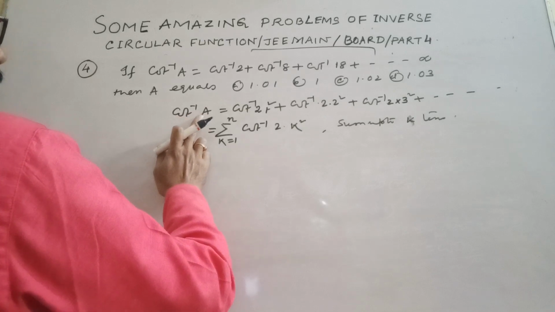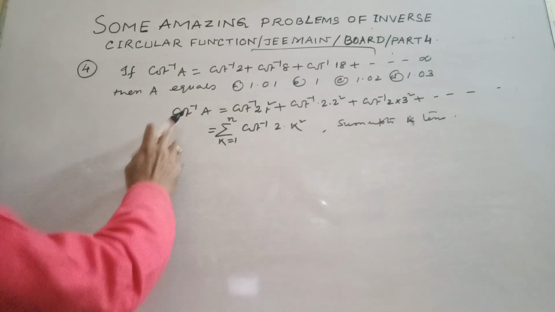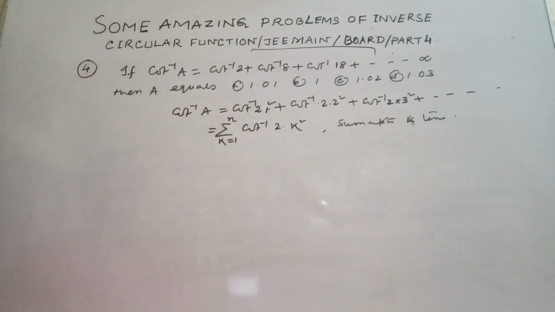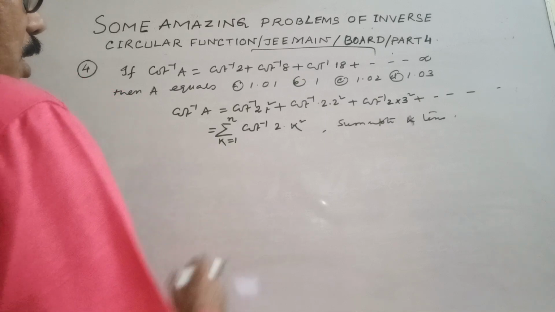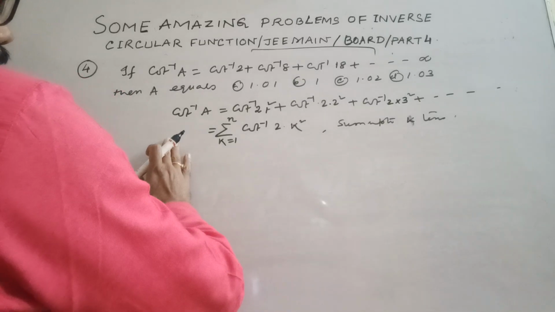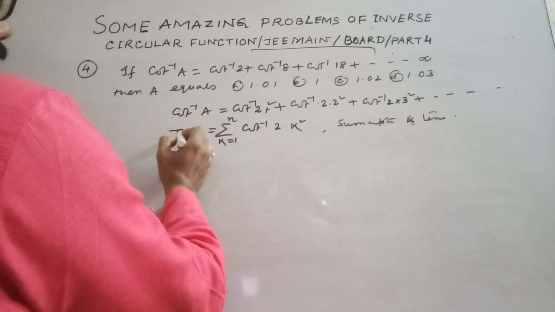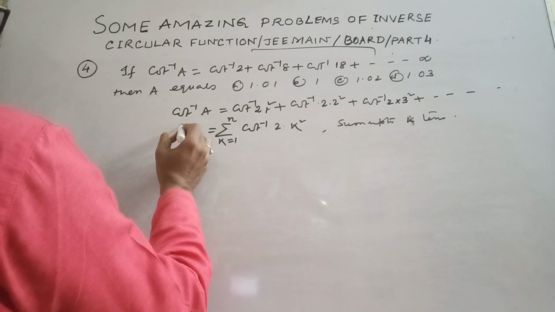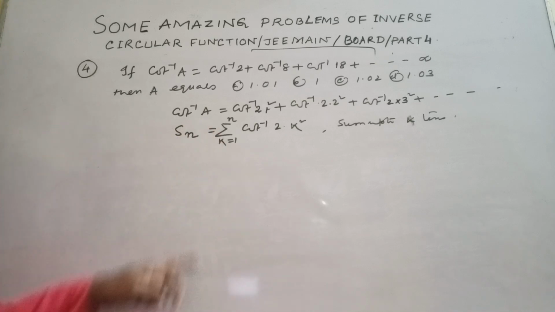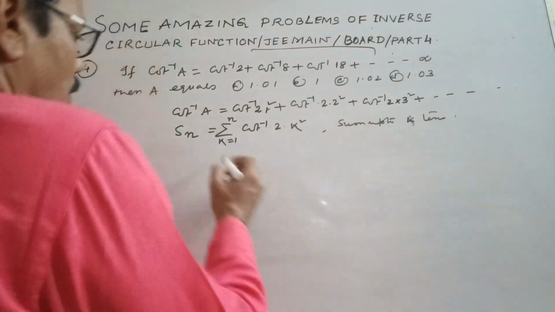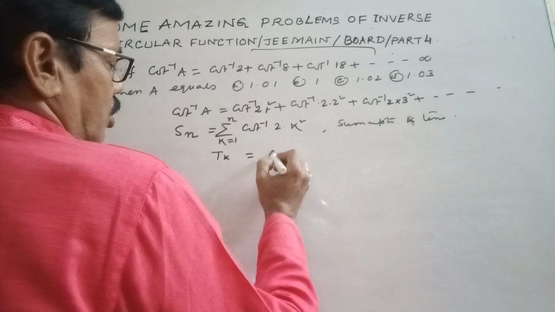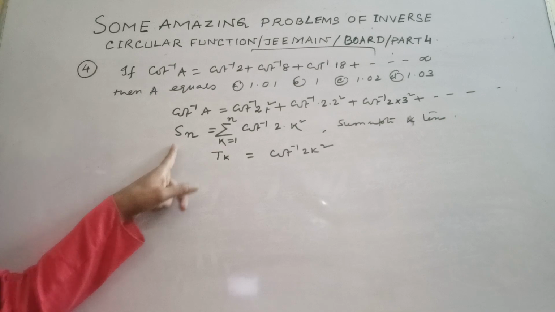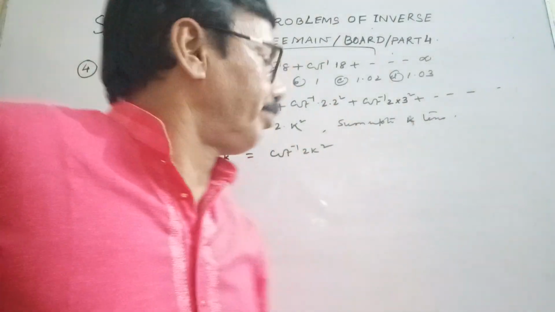Then it is not cot inverse A. So if we take cot inverse A, if it is up to n terms, you have to write Sn equals the sum for k equals 1 to n. So what is Tk? Tk is cot inverse 2k square. Now look, this is Sn, the sum up to n terms.